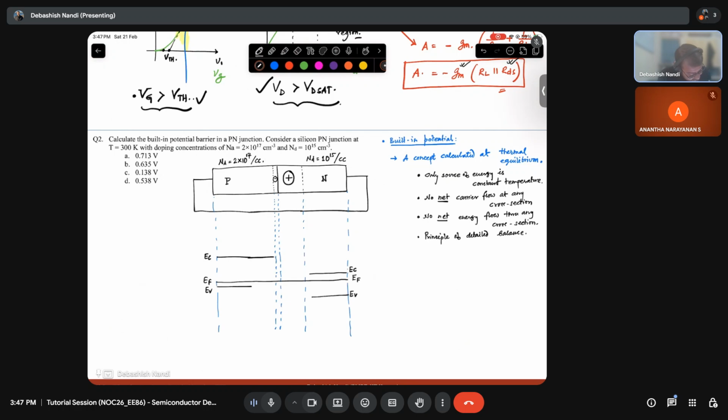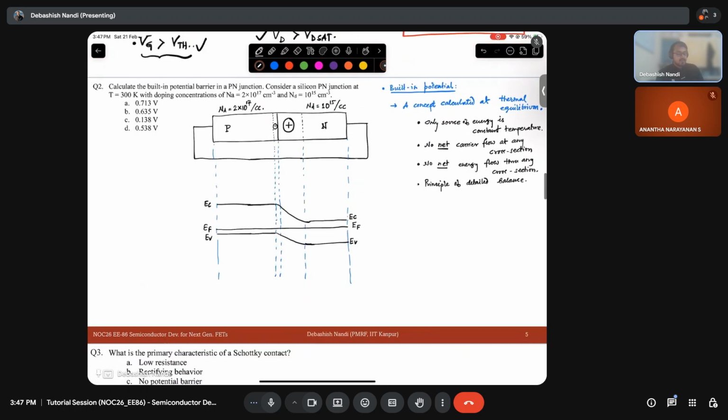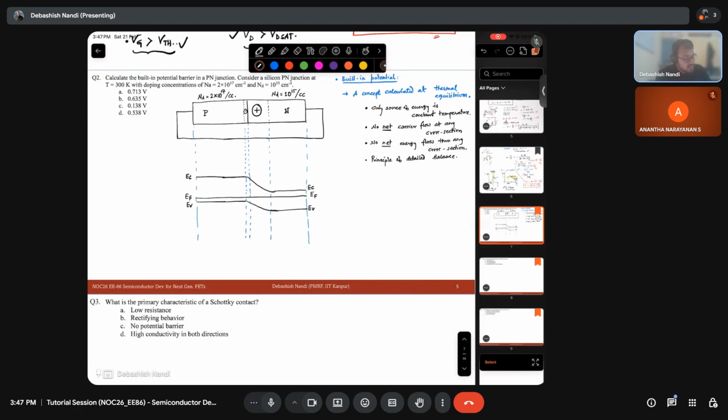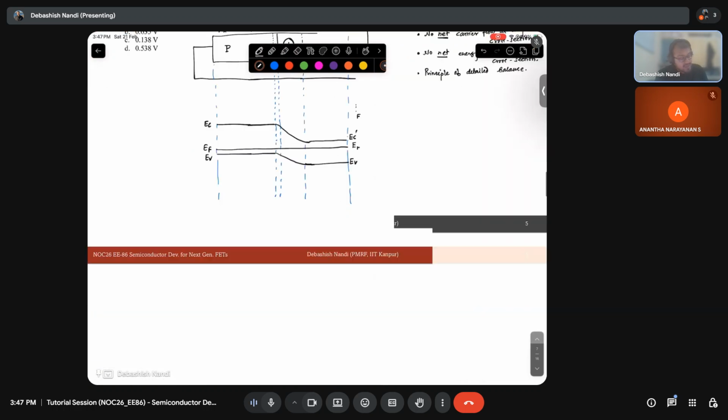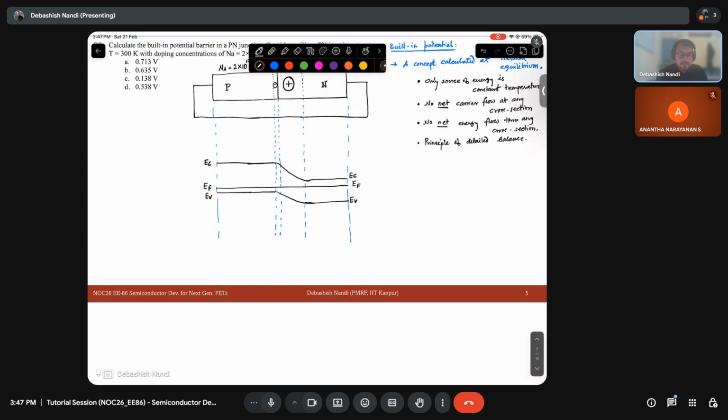So it can extend in the quasi-neutral region. Then the band bending will be like this. This is how your band diagram will look. So how will your potential look?